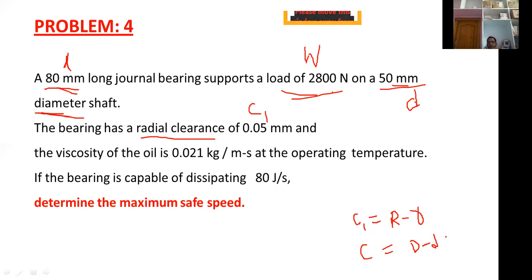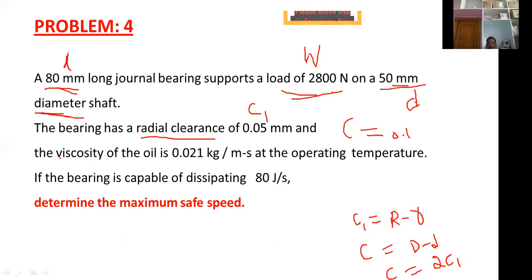This value is equal to 2 times the value of radial clearance. Capital C equal to 2 C1, 2 times the value of radial clearance. So capital C equal to 0.05 into 2, that is 0.1. 0.1 for diameter clearance and 0.05 for radial clearance.